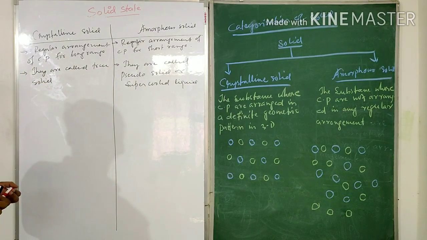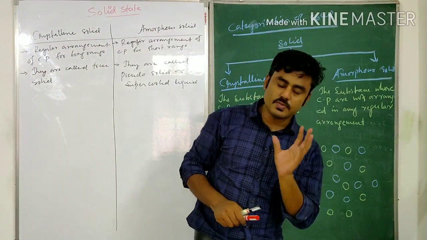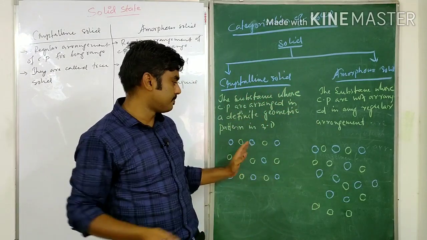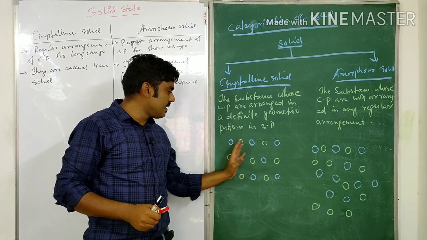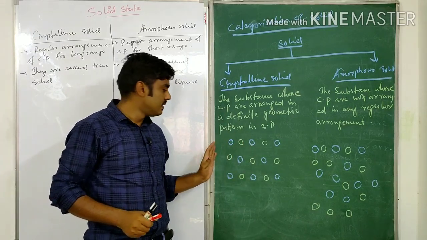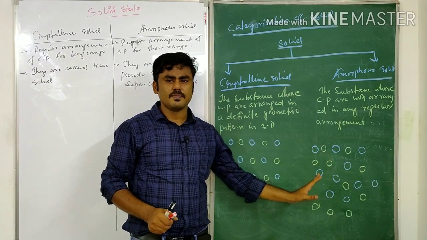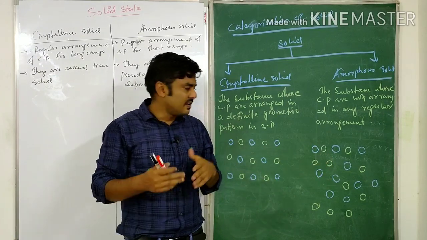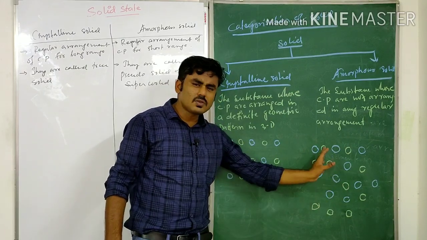Why? Because in crystalline solids, the arrangement of atoms or constituent particles is so regular. We have seen the pattern is the same everywhere. They have a definite pattern. But here the pattern is not the same. It changes. Here the atoms are randomly, haphazardly arranged. So they are not called true solids.